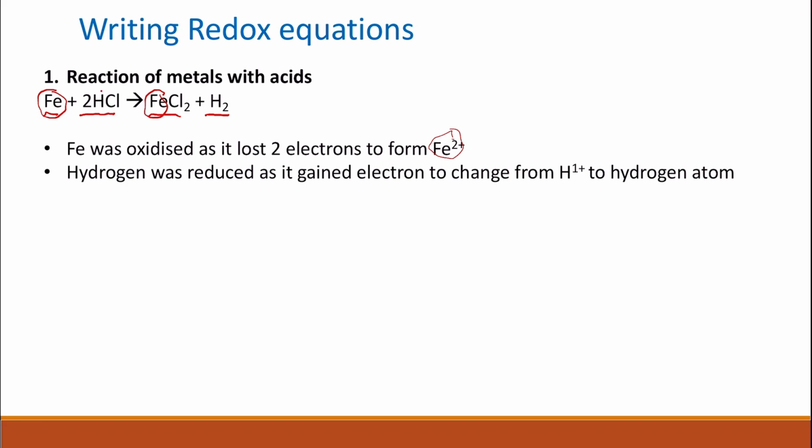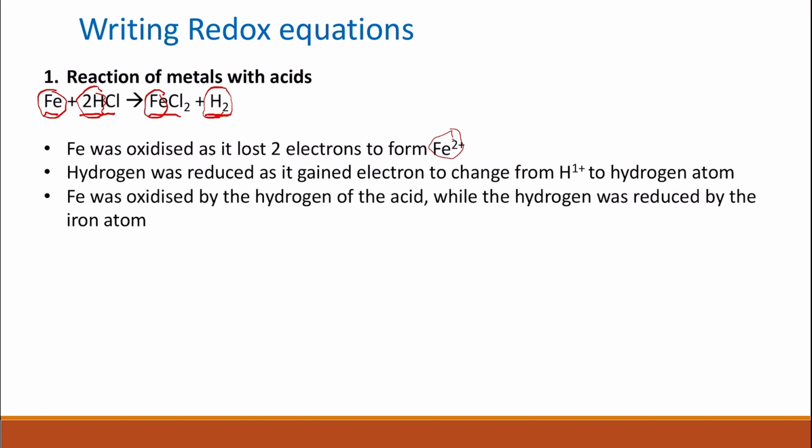We have two hydrogen ions here from hydrogen chloride, and then the hydrogen ions gained two electrons to give you hydrogen gas, the element hydrogen, which is neutral and doesn't have any charge. So iron was oxidized by the hydrogen and the hydrogen was reduced by the iron.